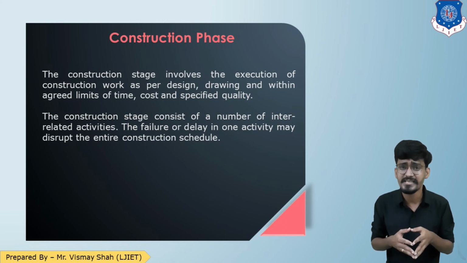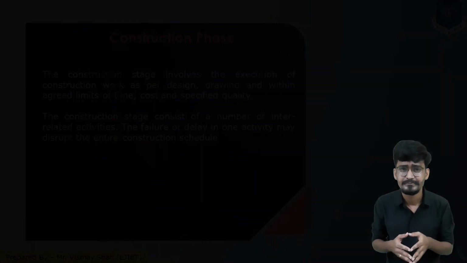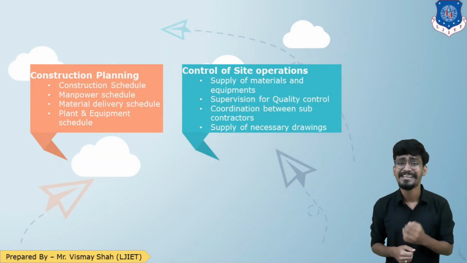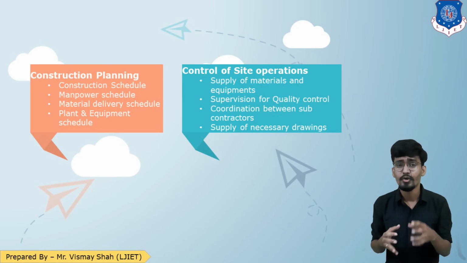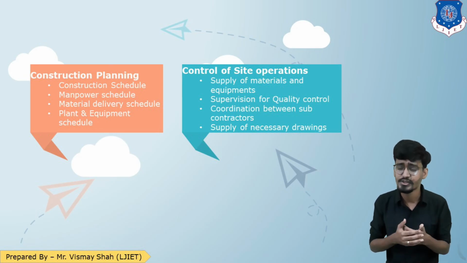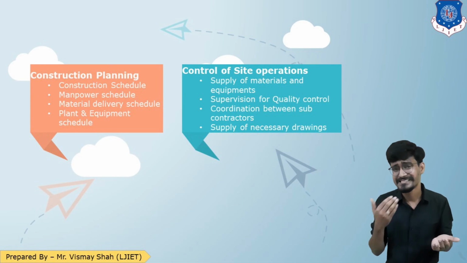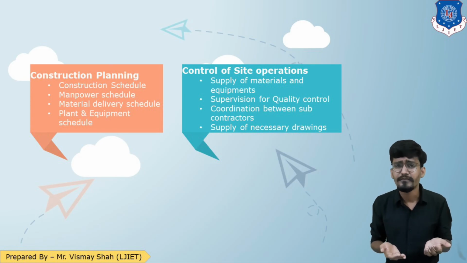Now in the construction stage, mainly two things are done. The first part is construction planning. In construction planning, you prepare the construction schedule, the material schedule, the manpower and other resource schedule, and the plant and equipment schedule. So you do the planning first. The second is control of site operations.